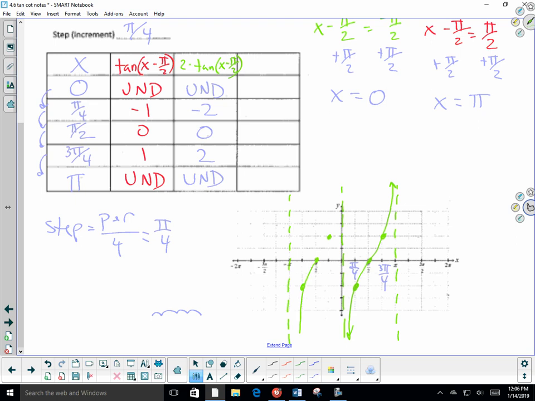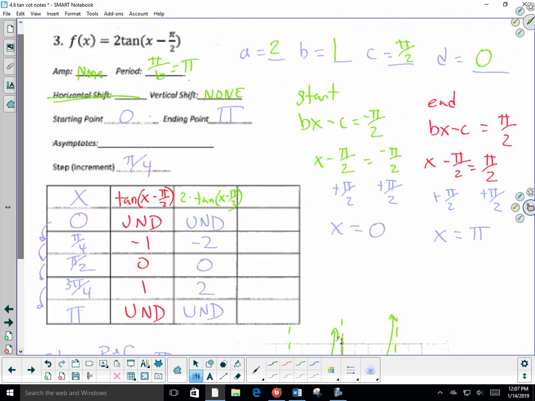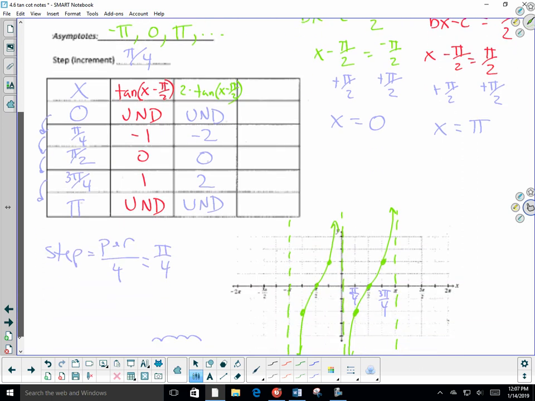And so I'm going to fill that in here, and I'm getting a graph that looks something like this. At least that's 2 complete periods worth for this. And if I need to list like 3 consecutive vertical asymptotes, I could say -pi, 0, and pi. So let's fill that in here. -pi, 0, pi, dot, dot, dot. You can say 2 pi, 3 pi, 4 pi, and so on.